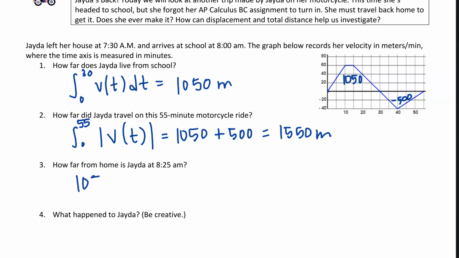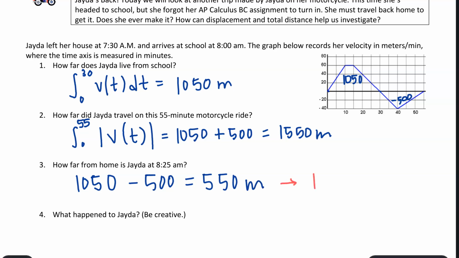So this is my displacement. So this is 1050 minus your 500. So we'll subtract it. So how far away is she going to be? That's going to be 550 meters. So this is displacement. And this is total distance.